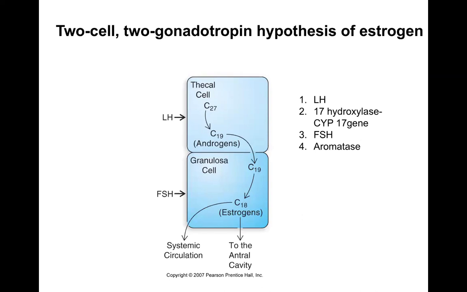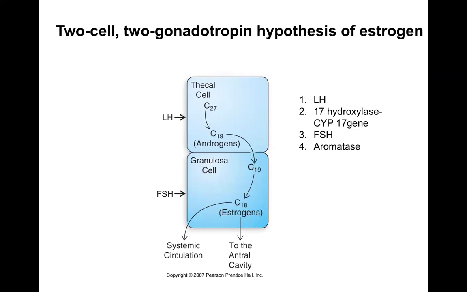It has been thought that estrogen biosynthesis requires androgen, and this is hypothesized. This is the two-cell theory, which involves two cells, the thecal cells and the granulosa cells, and how estrogen is synthesized is what we are learning here.